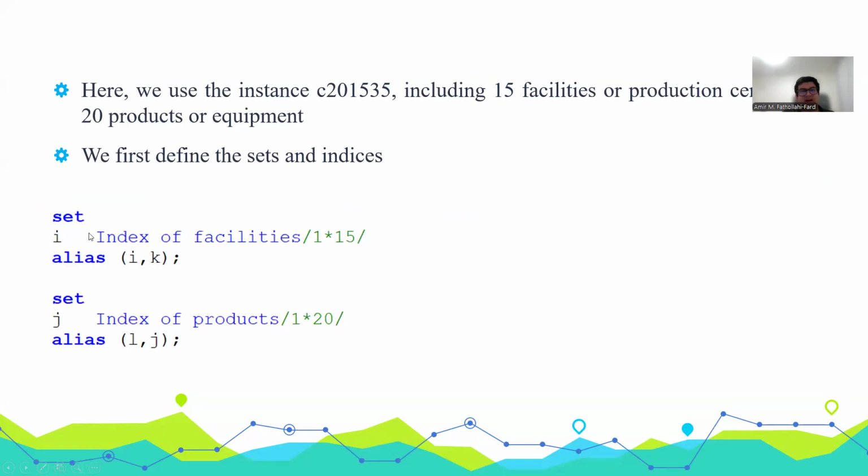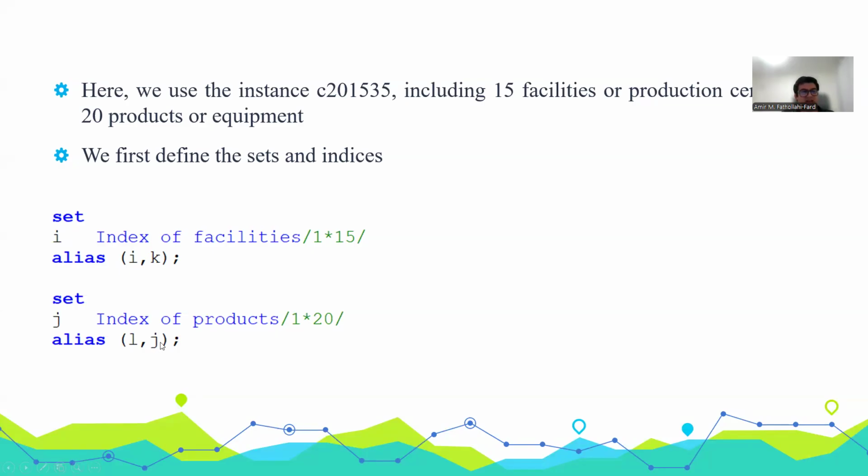The index I belongs to the set I capital, and we have used the function alias, which shows that I has another sister index, where both I and K are two different indices belonging to the same set.